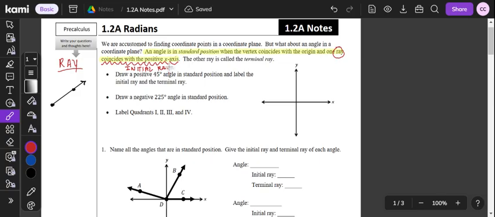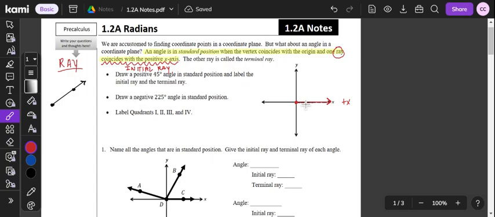And just as a reminder, the positive x direction is over here. It's going to the right. So if I was going to draw a positive 45-degree angle in standard position, my first thing I would do is I would start at the origin, and I would draw a ray in the positive x direction, so this way. Then it says label the initial ray and the terminal ray.